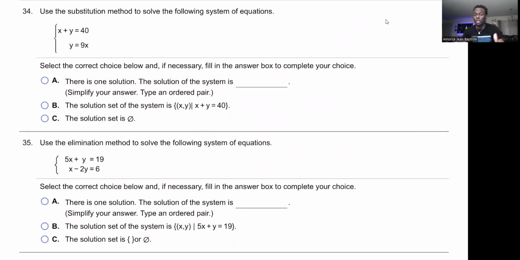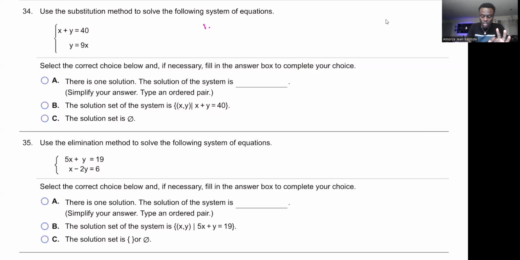And these solutions are going to be the same when solving by substitution and by elimination. So we remember that we have three possible outcomes.